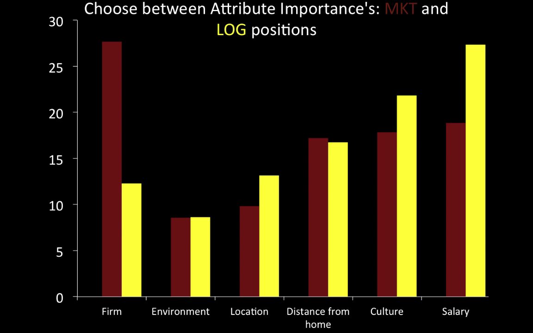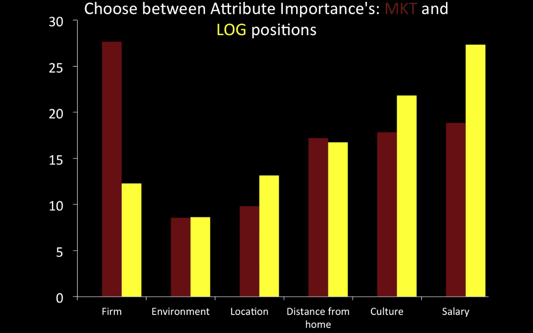Alright, so some key takeaways between attribute importance for the marketing and logistics positions: the firm is very important to marketing majors, where it's not really important to logistics majors, but it is still up there in relevance for logistics majors. Salary is definitely a key takeaway for both these majors, as well as culture and distance from home.